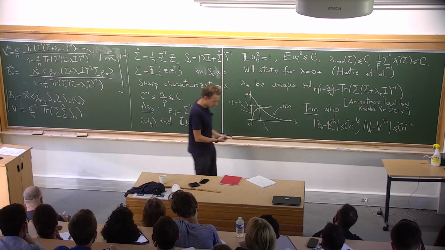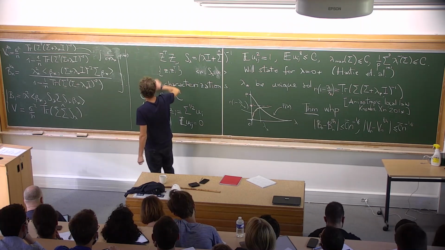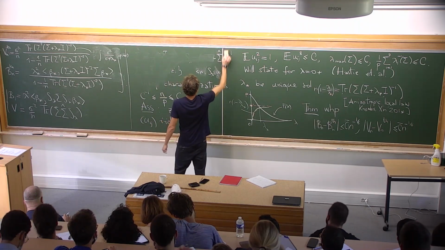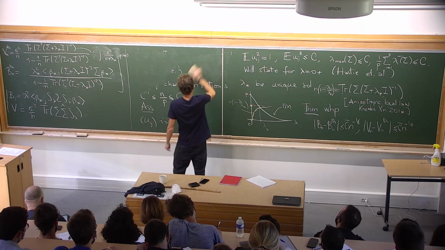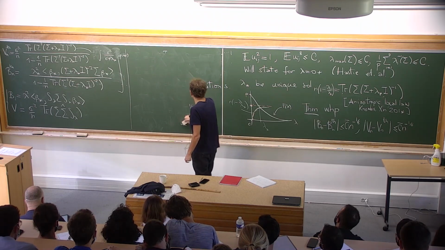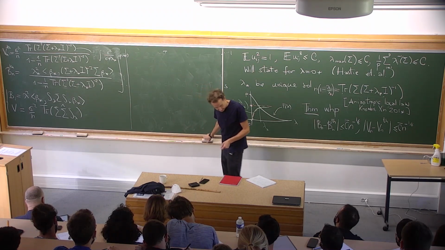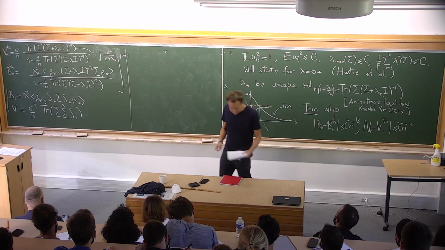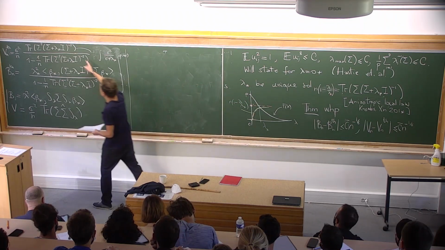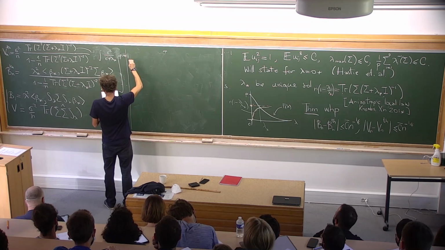But now let me talk about the interpretation of these formulas. What insights can we get from them? Let me start by noticing we have this big denominator, and I want to get rid of it.